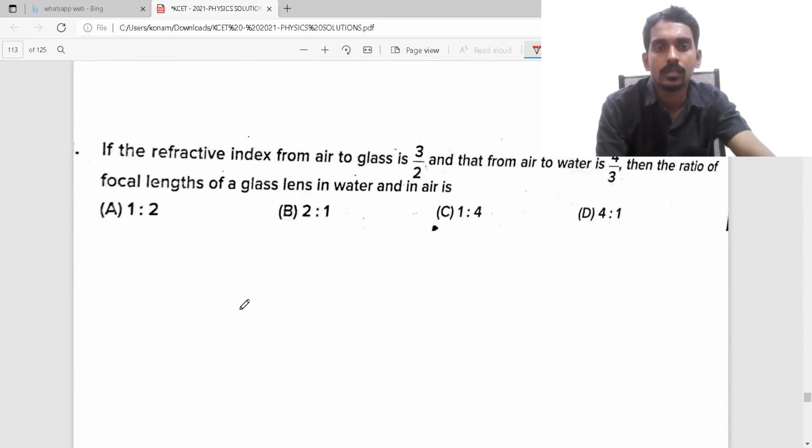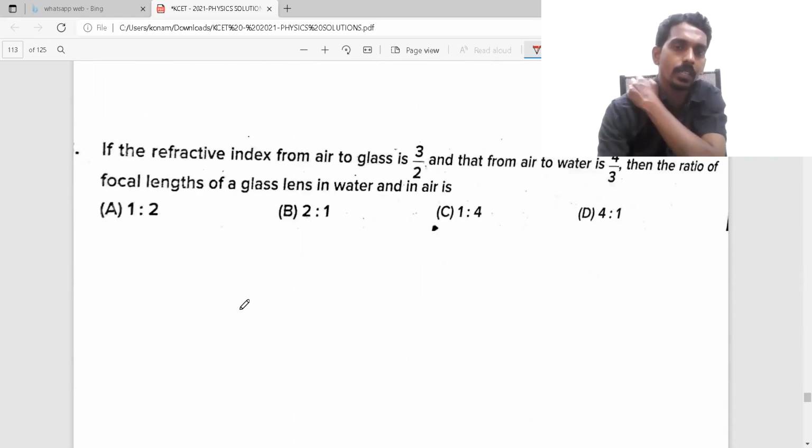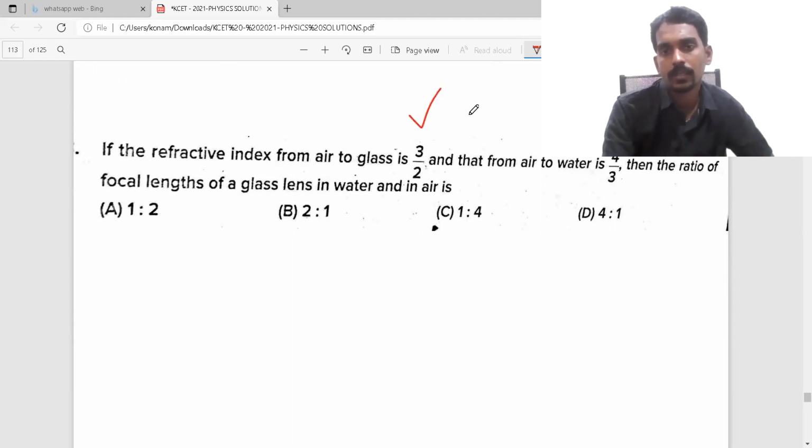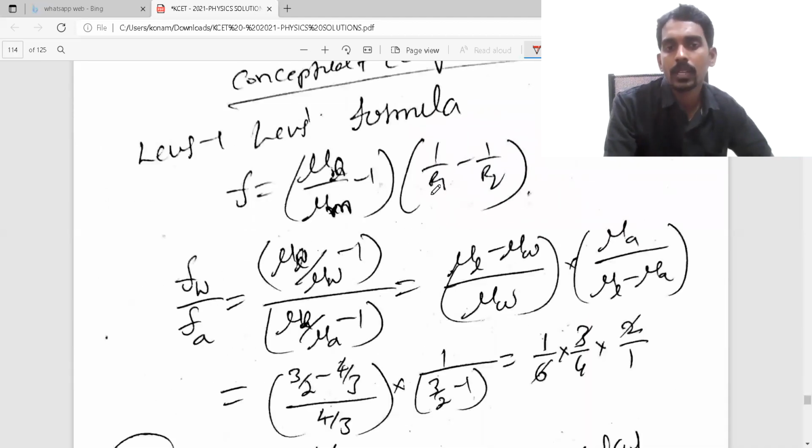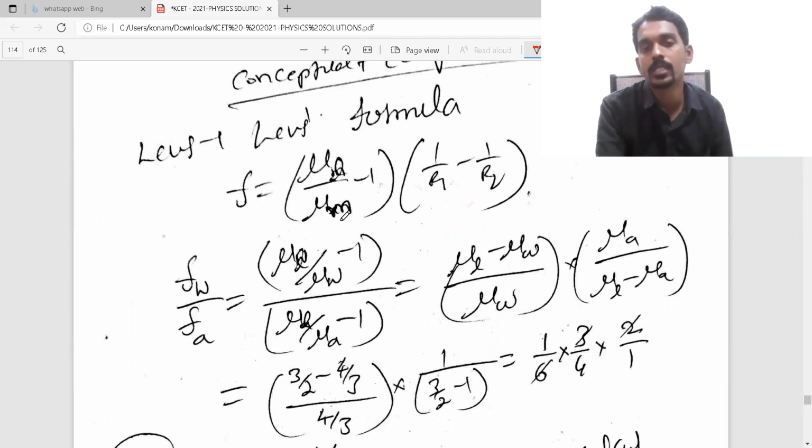Now here the refractive index of the glass lens is given, and water is given. They are asking for the ratio of focal length, a comparison based question, because the focal length of the lens depends on the medium. What is the general formula? The focal length from the lens maker's formula involves mu lens by mu medium. In which medium it is placed is important.